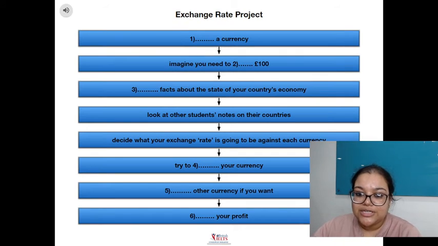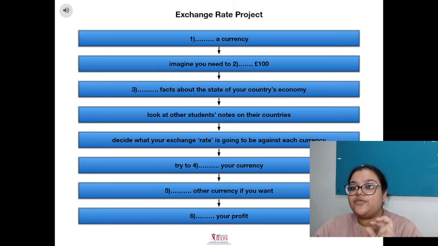Now, if you look at the question again, imagine you need to dash 100 pounds. Remember, in the very beginning, I told you the words before and after the blank will help you understand what kind of grammatical word would enter the blank. The word before the blank is "to", and we generally use "to" before a verb.